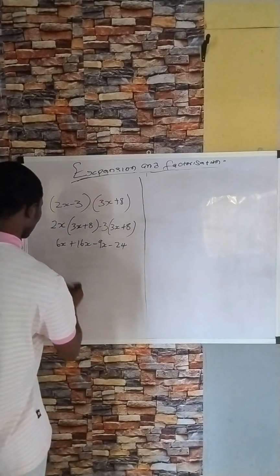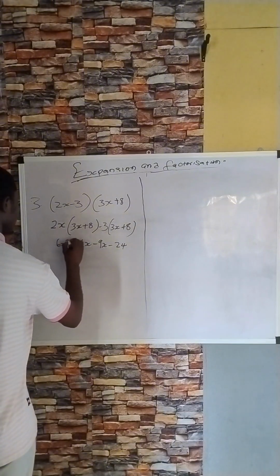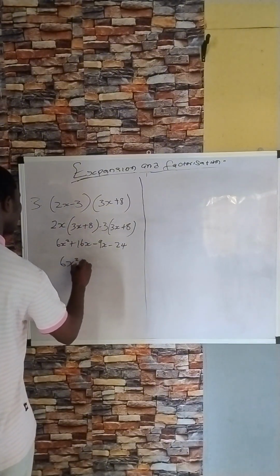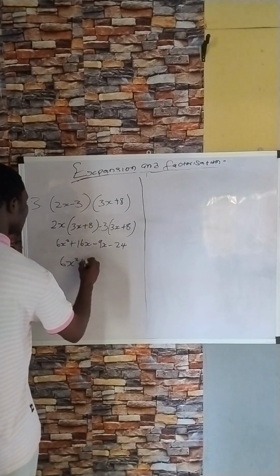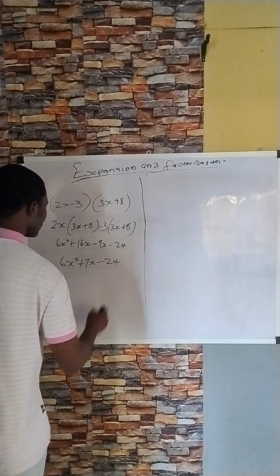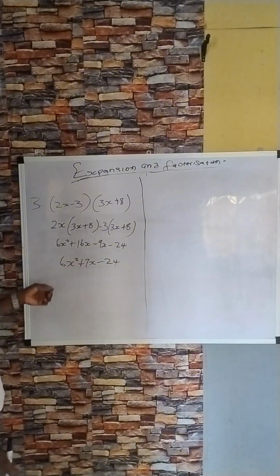So let's simplify this. Okay, this is a square here. So 6x squared plus 7x minus 24. This will be our simplest answer for the expansion side of this example.